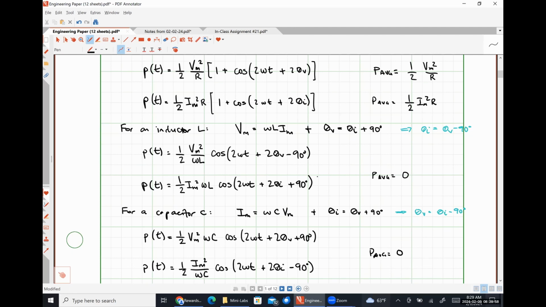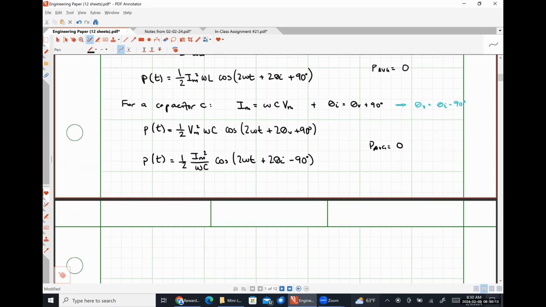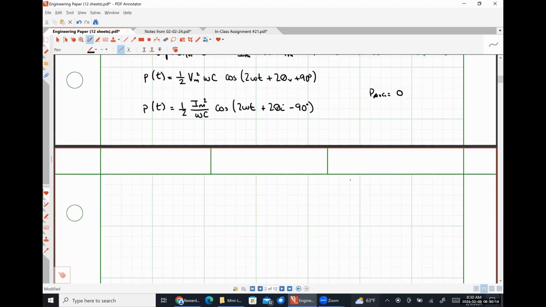So omega L is the magnitude of the impedance. Omega C is the inverse of the magnitude of a capacitor, right? So if we had a frequency domain circuit and we were interested in finding the instantaneous power absorbed by an inductor, if we know the impedance of the inductor is j2 ohms, then we know that omega L is just 2 ohms. So we actually do have everything we need, even though we never explicitly learned what the value of the inductance was in particular.